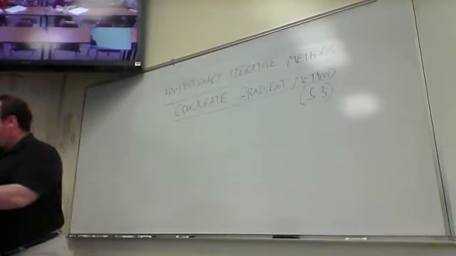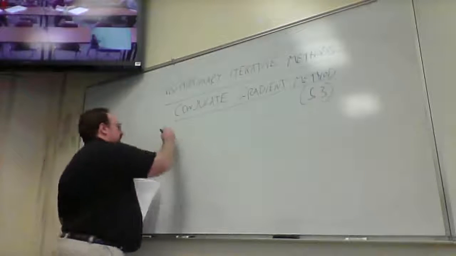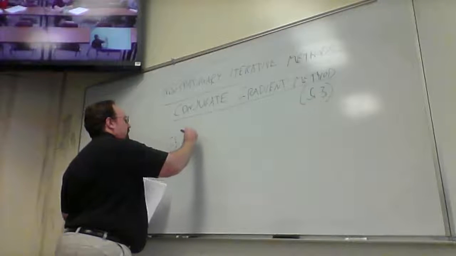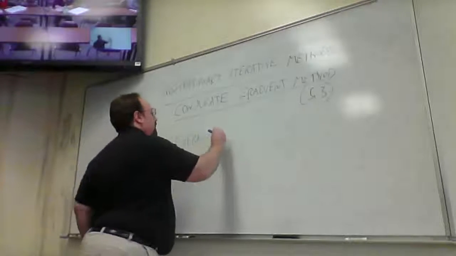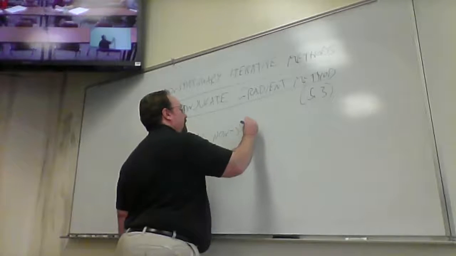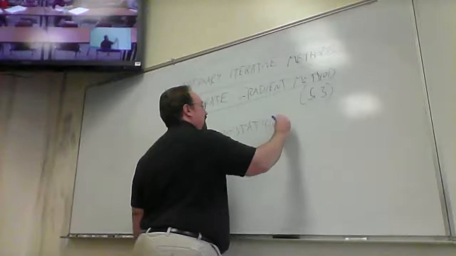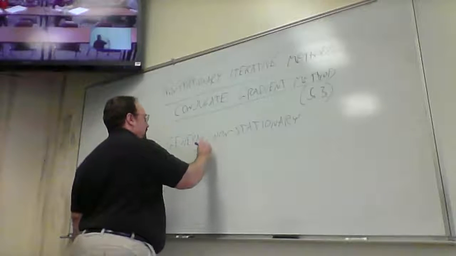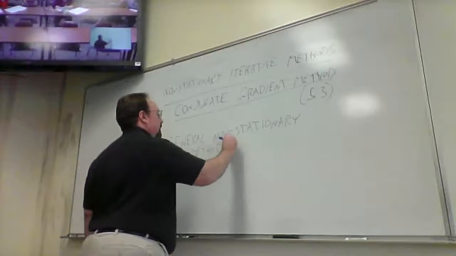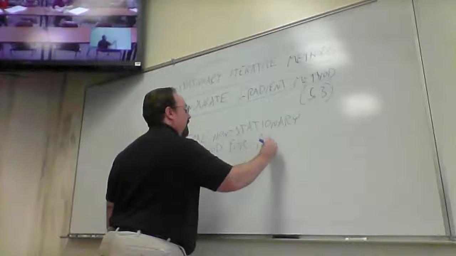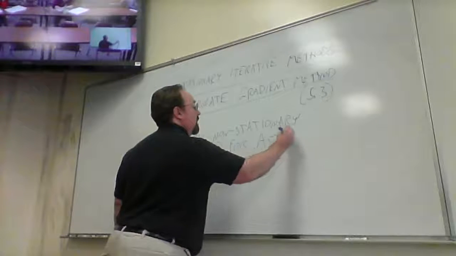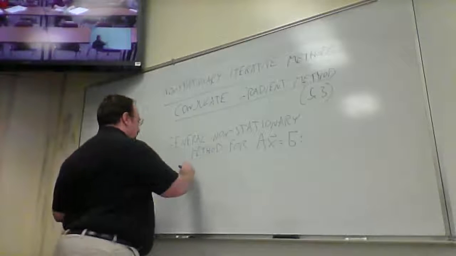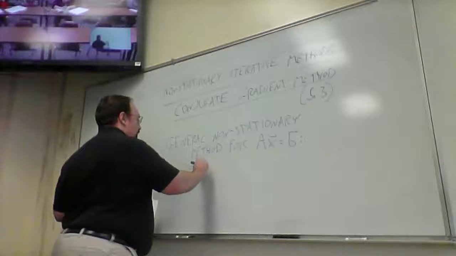So the general form of a non-stationary method: it doesn't rely on a splitting like an M and an N like a stationary method does. We're still solving Ax equals b. Each iteration is going to have this form.